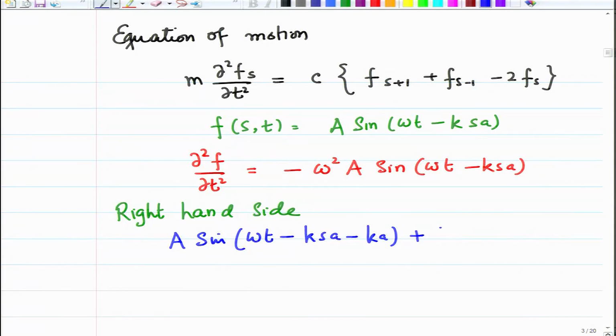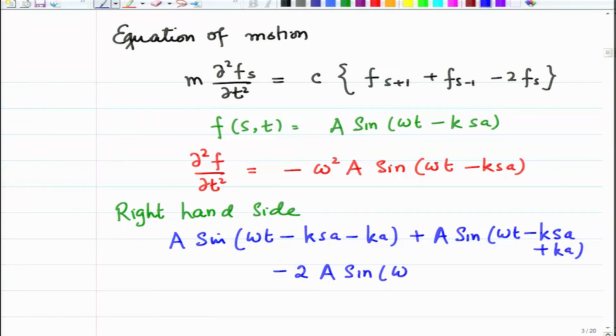So, that is going to be A sine of omega t minus k S A plus k A, minus 2 times f s, which is going to be A sine of omega t minus k S A. Let us calculate this.